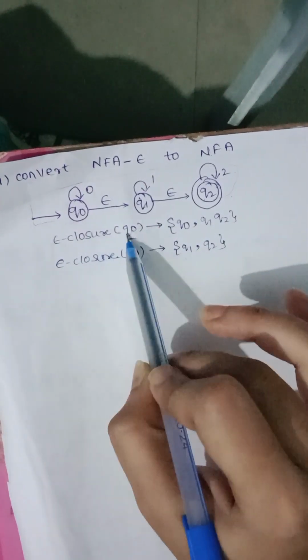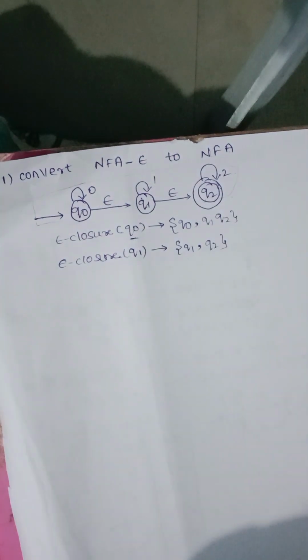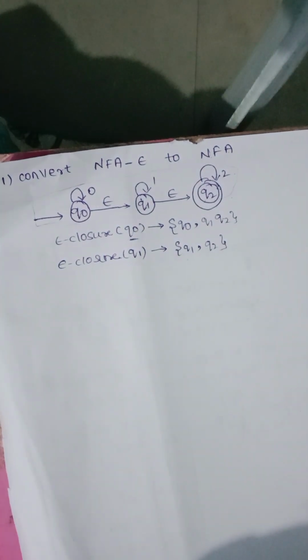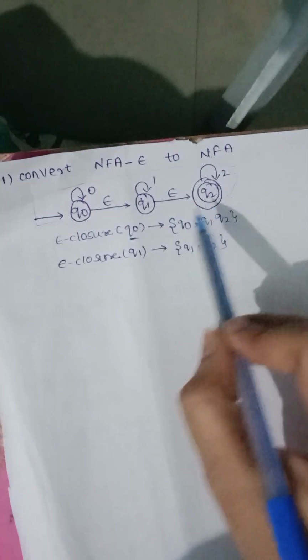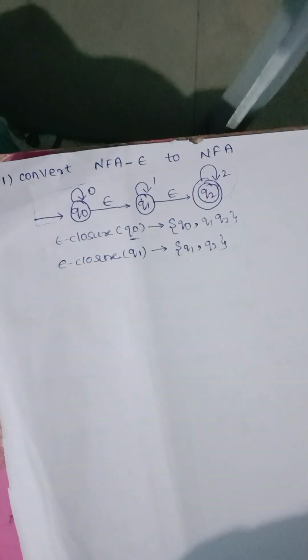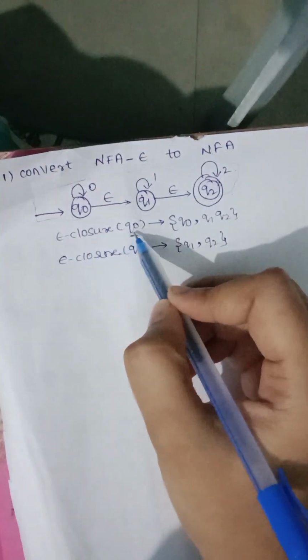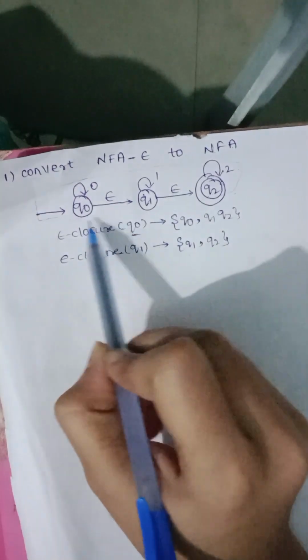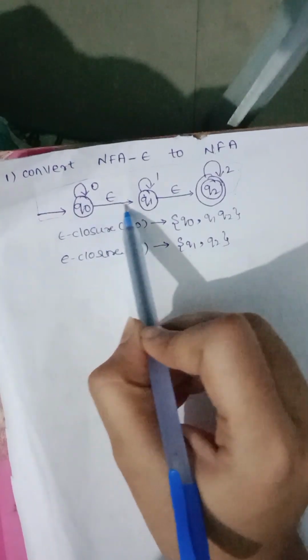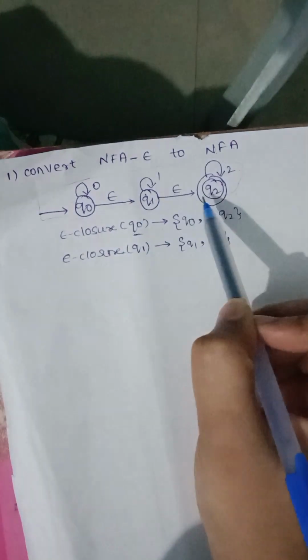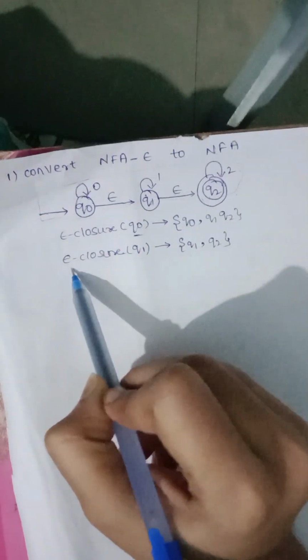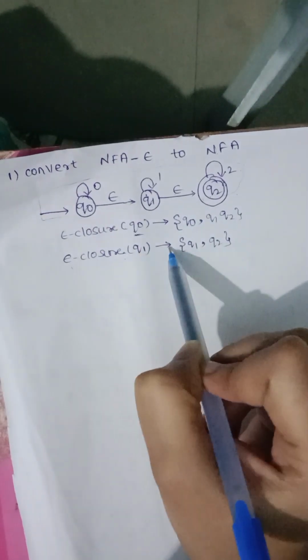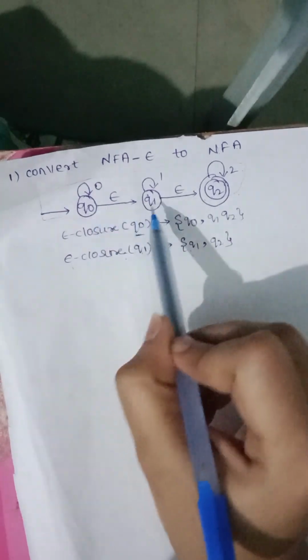The epsilon closure for every state, I already told you, we need to check for Q0, Q1, Q2. For epsilon closure of Q0, there are epsilon transitions to Q1 and Q2, so it is Q0, Q1, Q2. Now the epsilon closure of Q1 has Q1 and Q2.